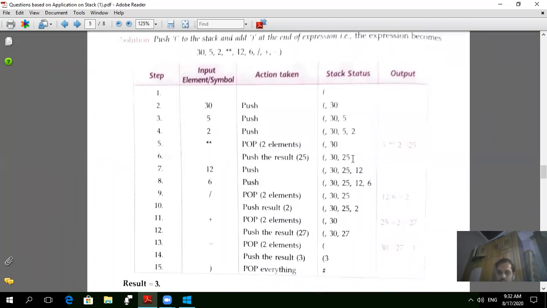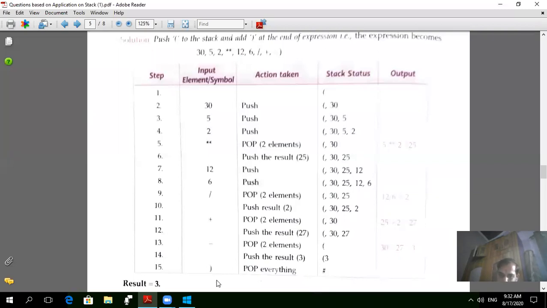So 30, 25, then 12 will come, then 6 will come, so 30 25 12 6. Then the divide sign, again a binary operator, 12 divided by 6, the result is 2, so you insert 2 in the stack. So 30 25 2, then the plus sign, plus is a binary operator, so 25 plus 2 is 27, so you insert 27. Then the minus sign, 30 minus 27 is 3, so 3 is the final result.